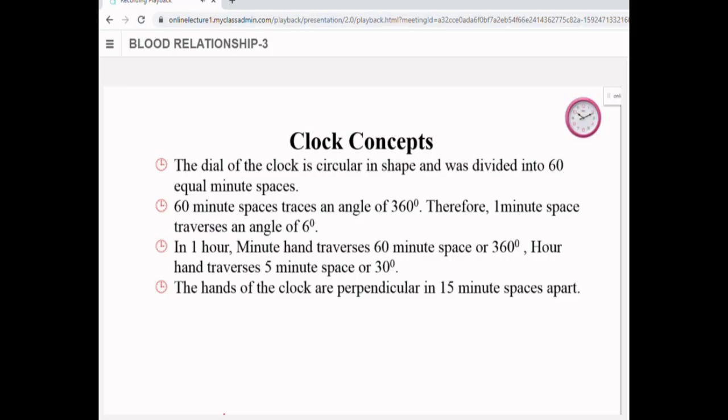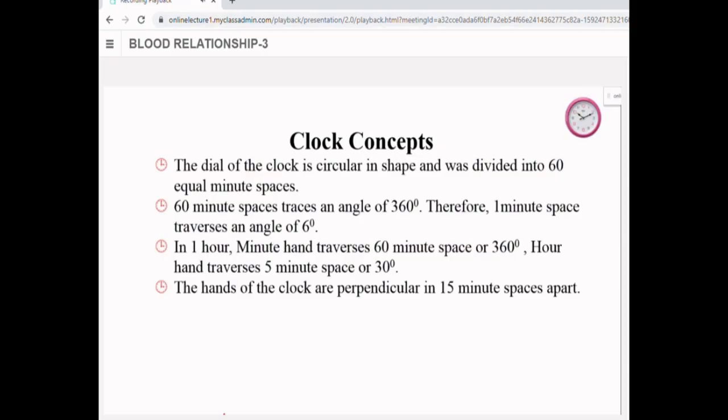The answer is no. At exactly sharp 3:30, it will not be perpendicular. Why? Think of the hour hand. At 3:30, where will be the hour hand?